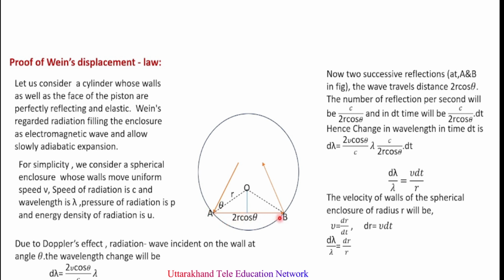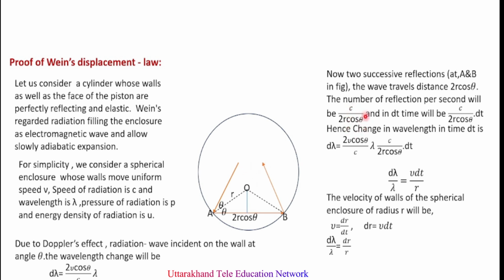This is point A. This is point B. So now we can see two successive reflections at A to B in the figure. The wave travels a distance 2r cos theta. That means the number of reflections per second, the total number of reflections in 1 second inside the enclosure, will be the speed of radiation, that is c, upon the distance, that is 2r cos theta.